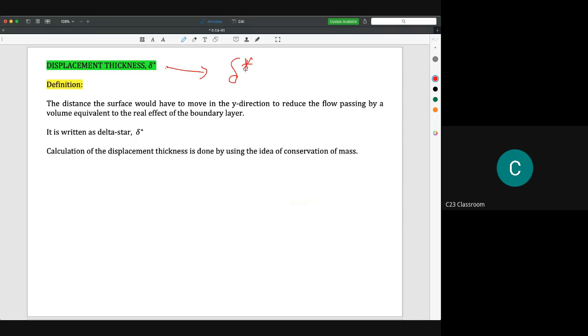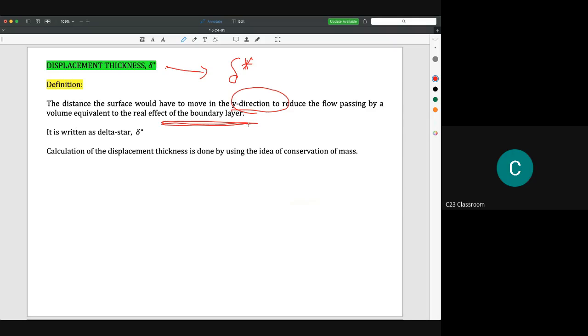It is actually the distance the surface would have to move in the y direction, a little bit in the vertical axis, to reduce the flow passing by a volume equivalent to the real effect of the boundary layer.